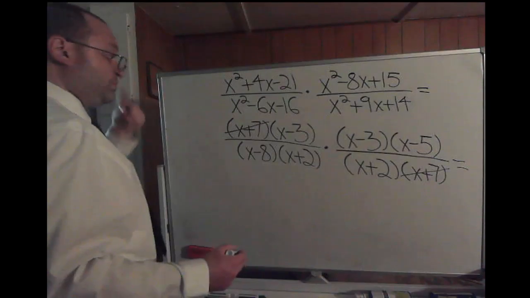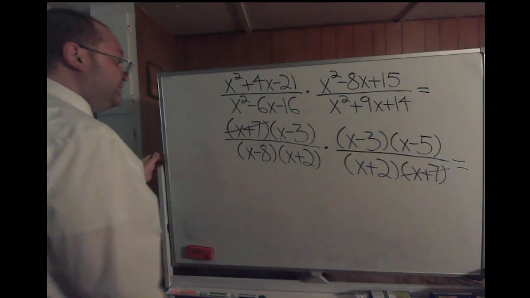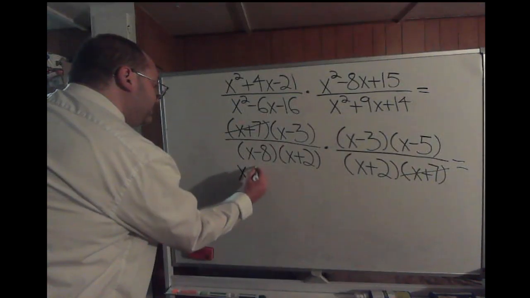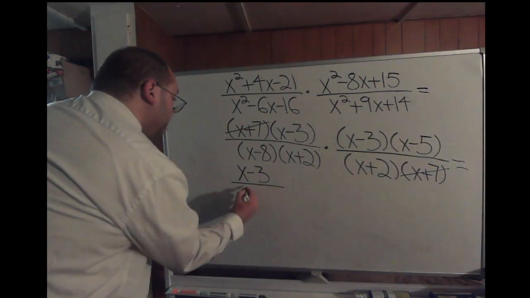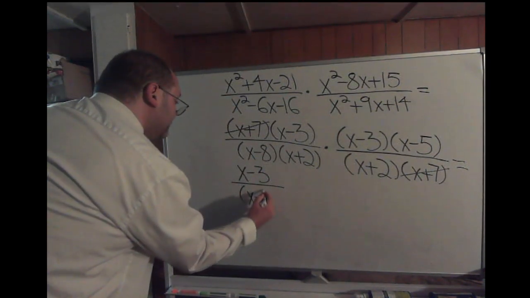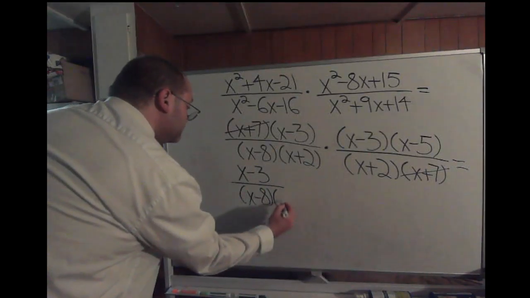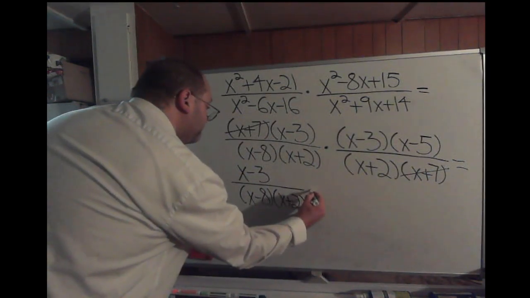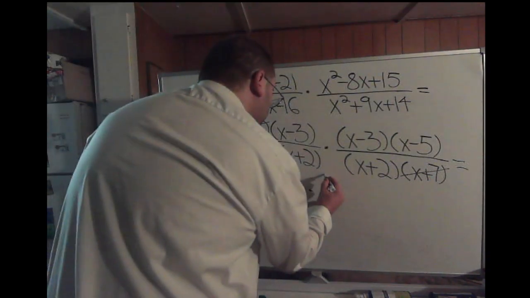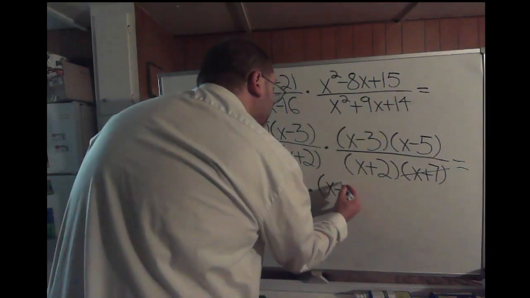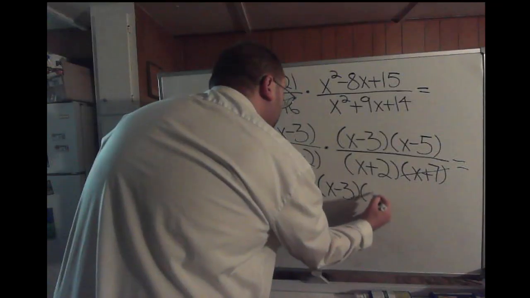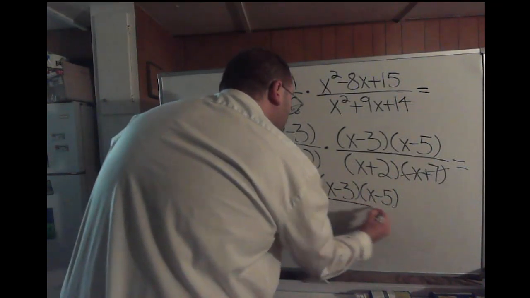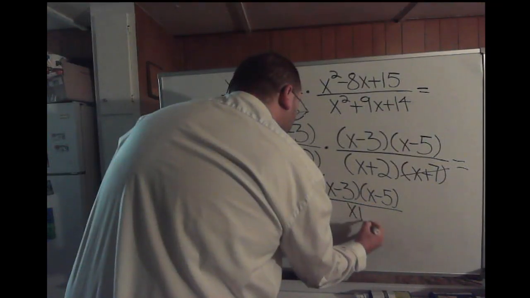So, all you can do for this is you're going to have x minus 3 all over x minus 8 times the quantity of x plus 2, times the quantity of x minus 5 all over x plus 2.